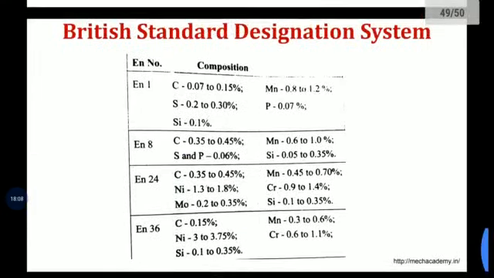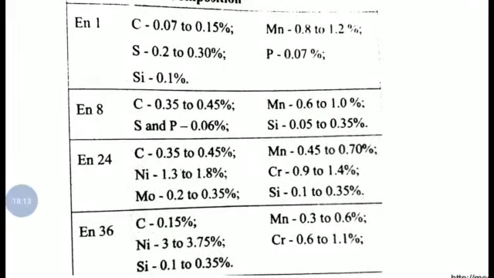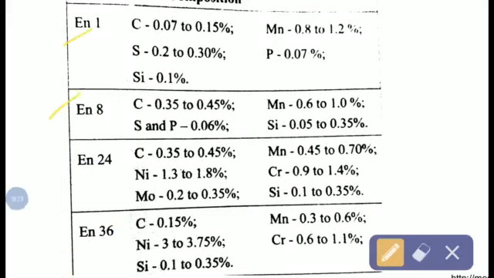So you can see here examples such as EN1, EN8, EN24 and EN36. Basically, the carbon percentage is 0.07, 0.35, 0.45, 0.15, and some alloying elements are added.